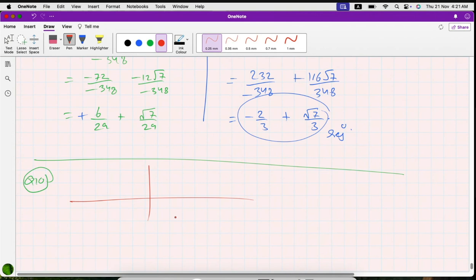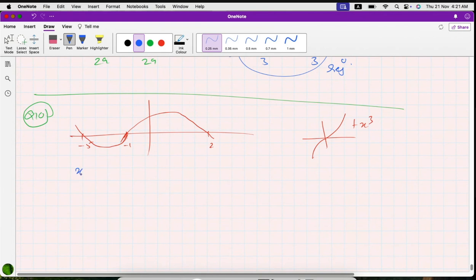So a rough sketch. It passes through -5, -1, and 2. But first of all, I need to remember that this is a negative x cube graph, not positive.